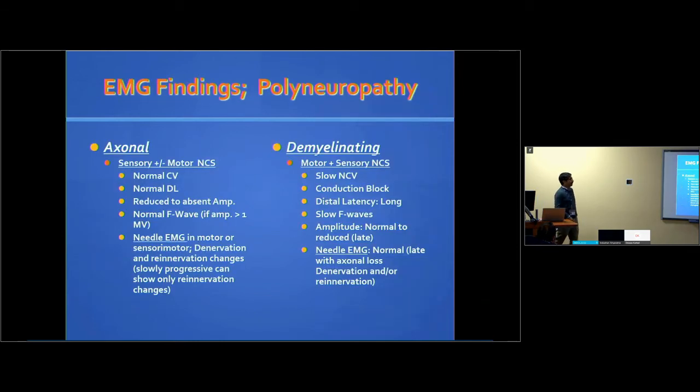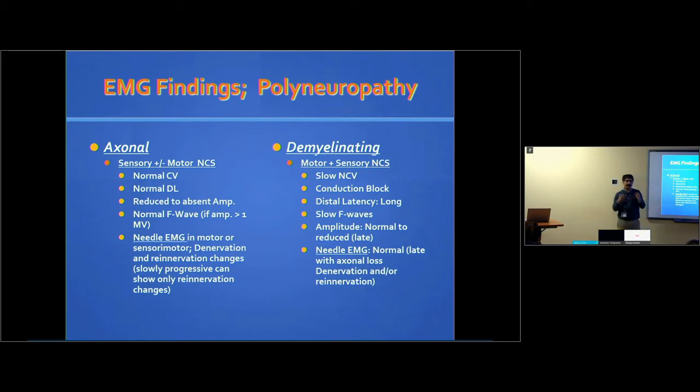So in axonal neuropathy, we look at the distal latency, the conduction velocities, and amplitude. The distal latency and conduction velocity would be normal. The amplitudes of the obtained potentials will be reduced, because that's the determinant of how many axons are surviving. And then the F waves and the H reflexes would be normal. So these are not like black and white.